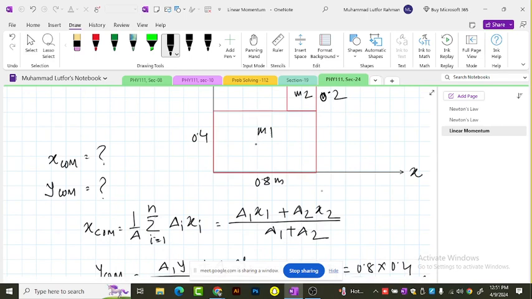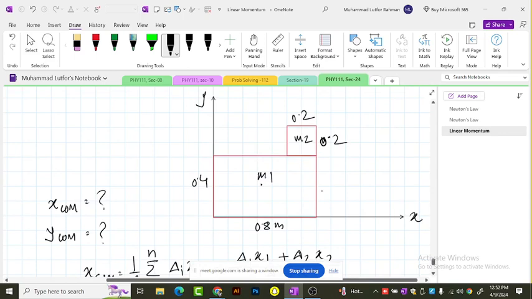Generally, the center of mass of this object would be at the midpoint of this object, right? And the midpoint of this object also, separately. Then x1 is the location or coordinate of this point, and y1 is also a coordinate of this point, and x2 and y2 are also the coordinates of these two points.